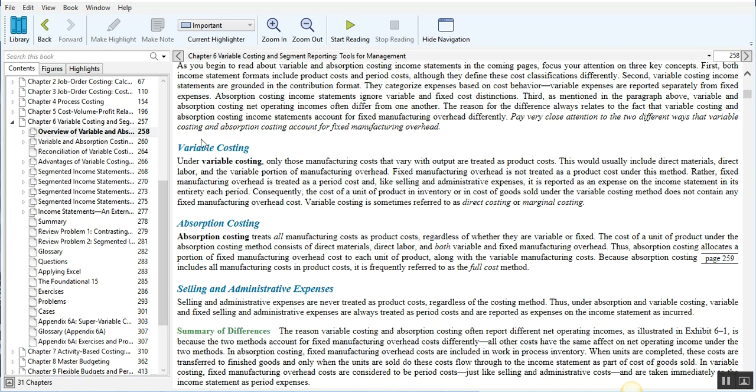And so this should be very, very familiar to you because in this variable costing approach, we're going to consider the cost of raw materials, the cost of direct labor, and the cost of variable manufacturing overhead as product costs. The fixed manufacturing overhead is not a product cost, it's a period cost.